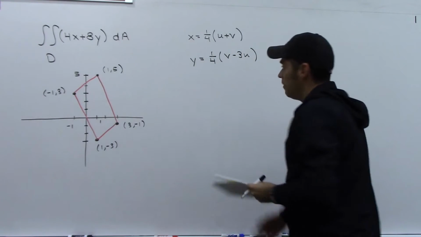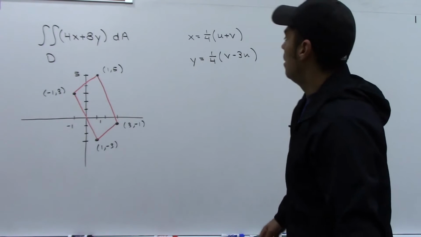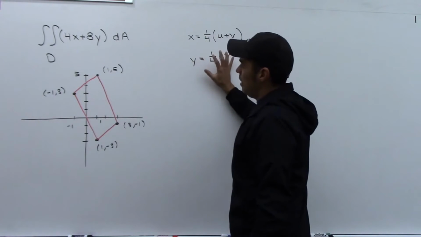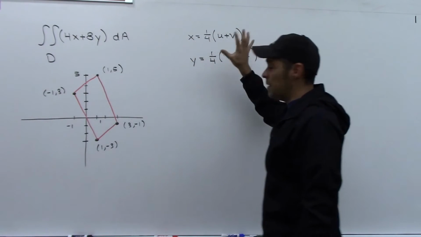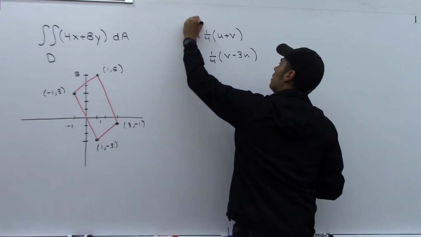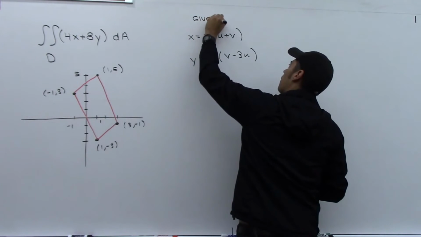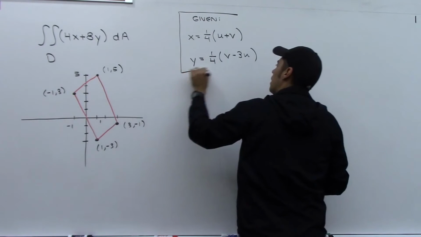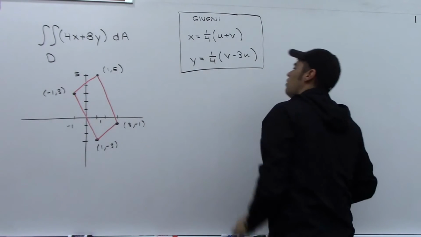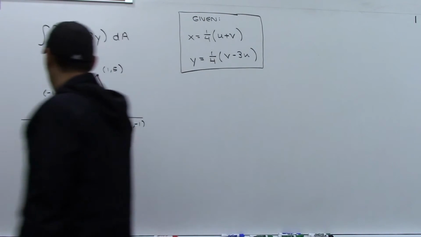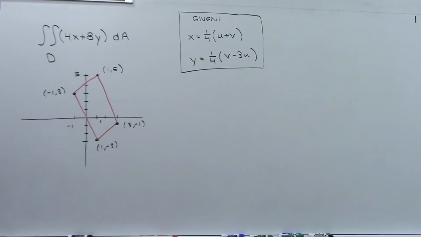Now I want to be very clear about something. This change of variables is being given to us, all right? This is given. In general, nobody's ever going to give you that change of variables. So a question we'll answer later is, what if you're not given that? How are you going to come up with the change of variables that's going to work?